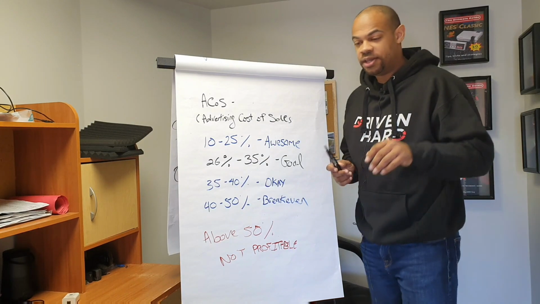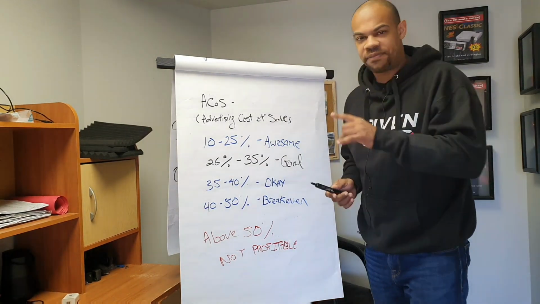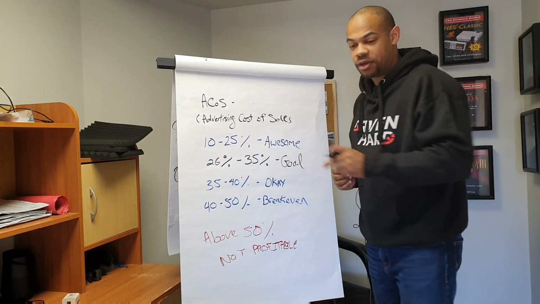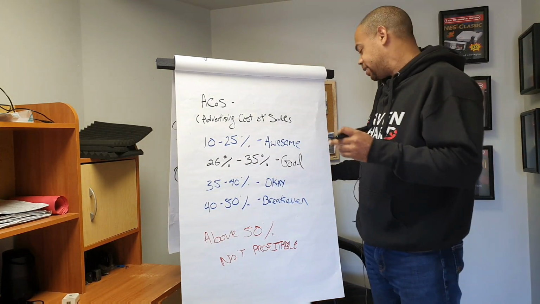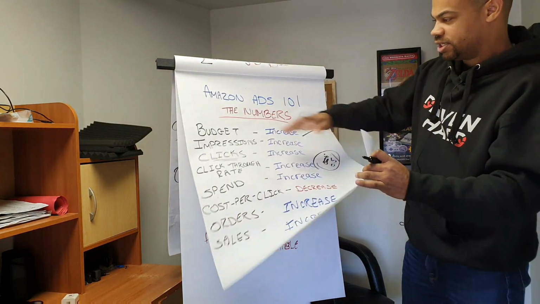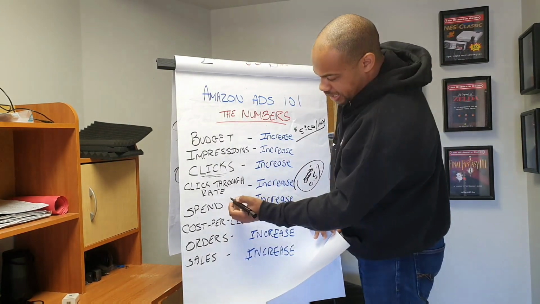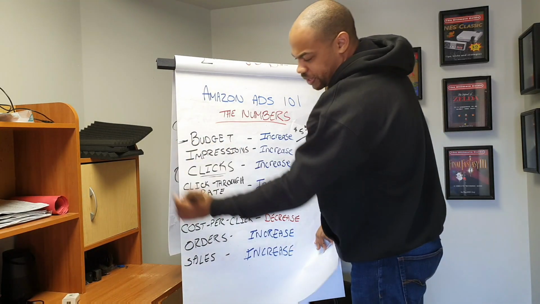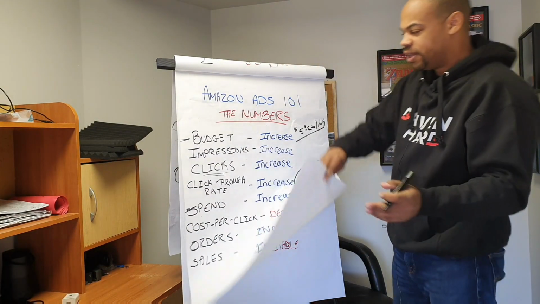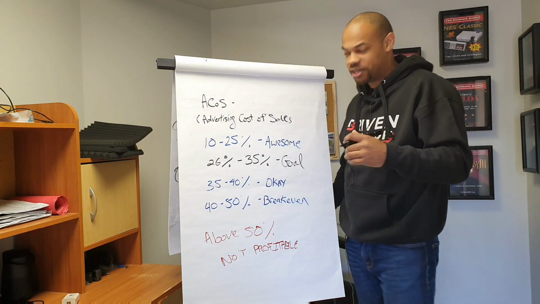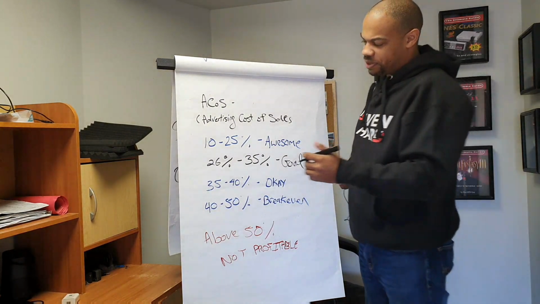You're doing great, but you have to make some adjustments, because what's happening if your ACoS is that low is you are not spending enough and your budget's too low. So you have to increase your budget, you have to increase your spend, because your ads are running super, super efficient, but we want to bump them up a little bit.